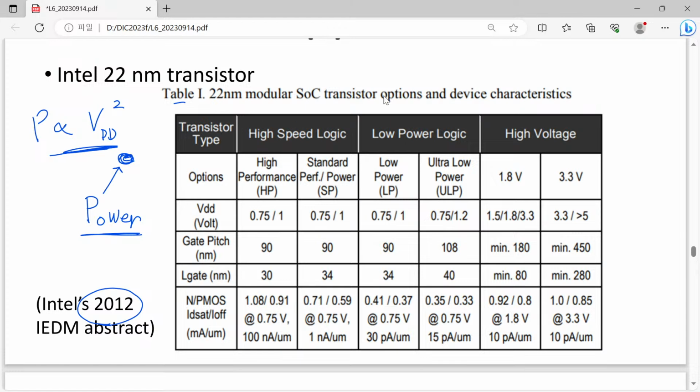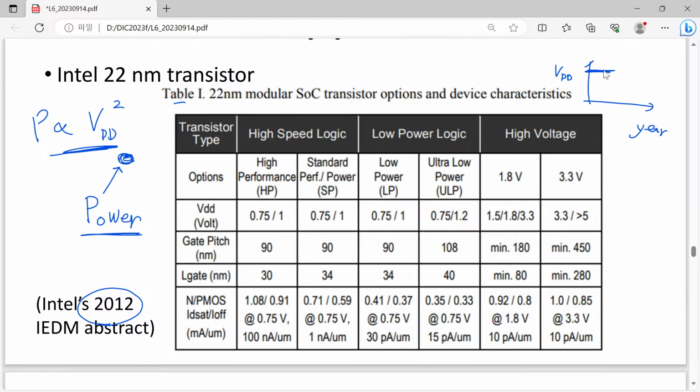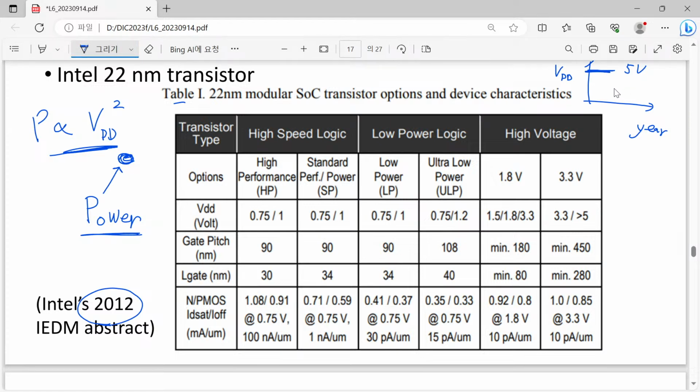So when you look at the evolution of VDD, let's say this is the year and this is VDD, for a long time it was just saturated at 5 volt. After that it starts to fall, and nowadays we have 0.7 volt.